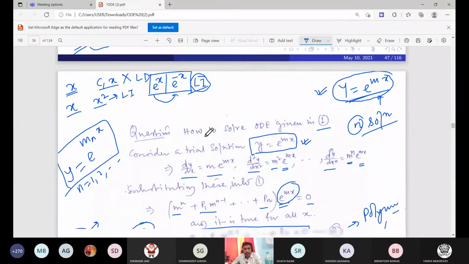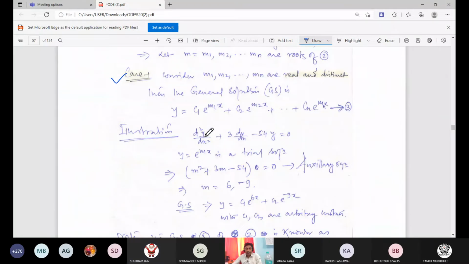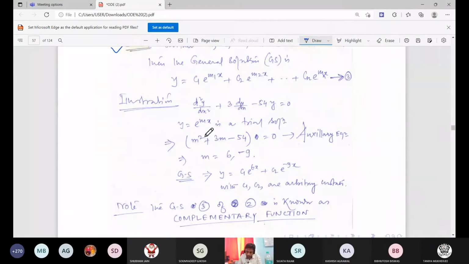I have given a very simple example where the coefficients are constant and the right hand side is 0. So you can say it is a linear second order differential equation with constant coefficients, and homogeneous also.